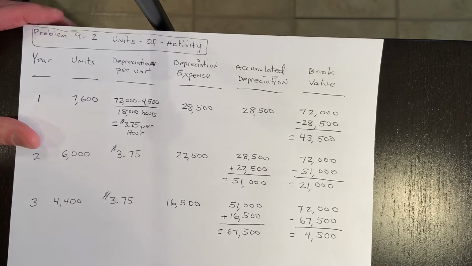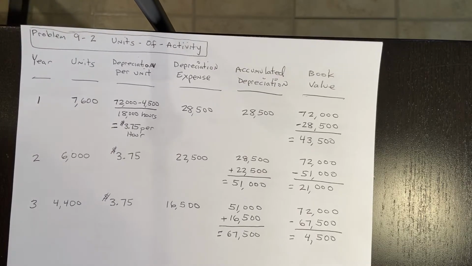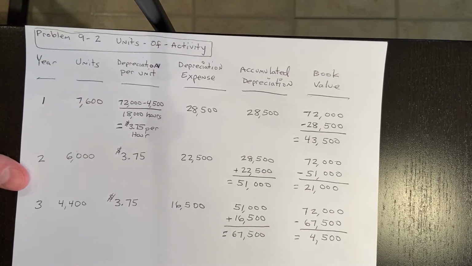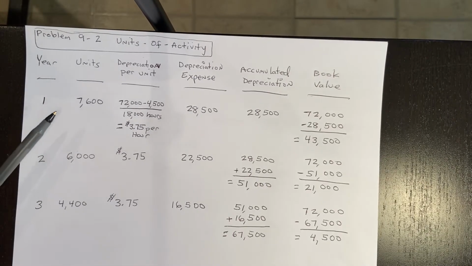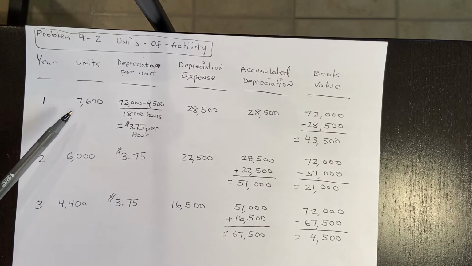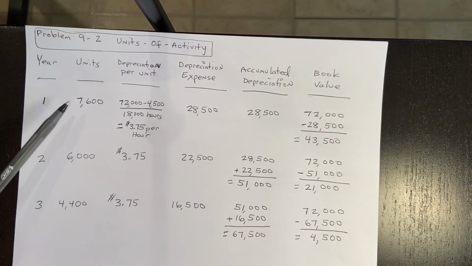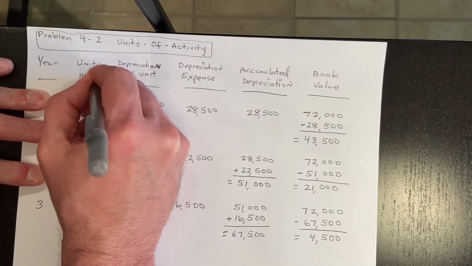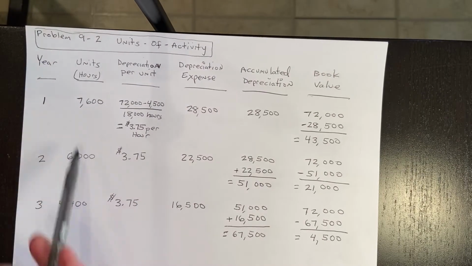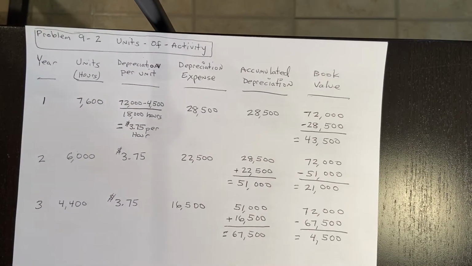If we do it based off of units of activity, and you look at the problem, they told us how many hours they were going to use this machine in years 1, 2, and 3. So these numbers here under units, which is really hours, were all given in the problem.